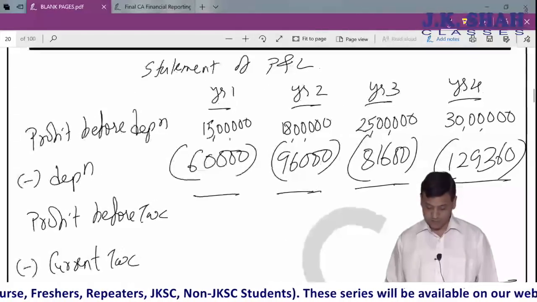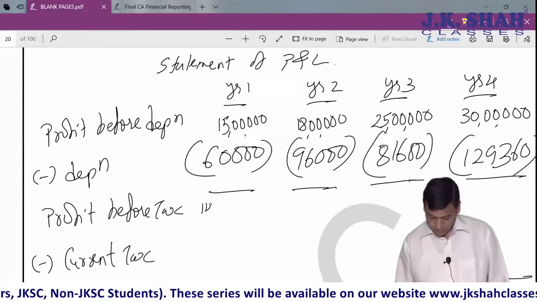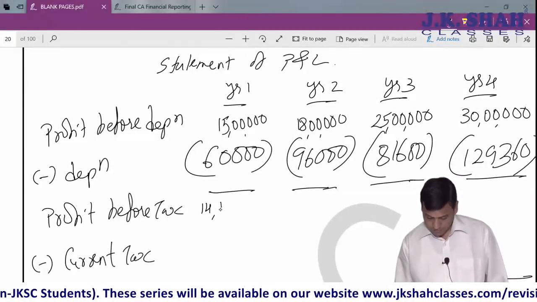This is the amount of depreciation. 14,40,000.